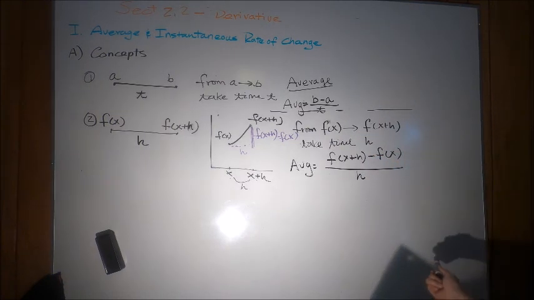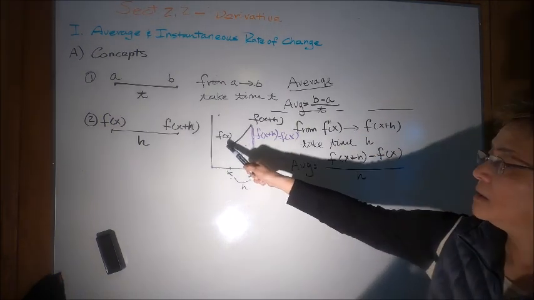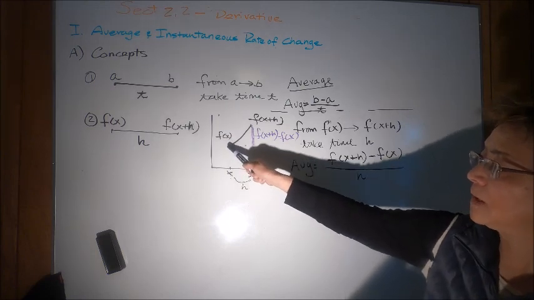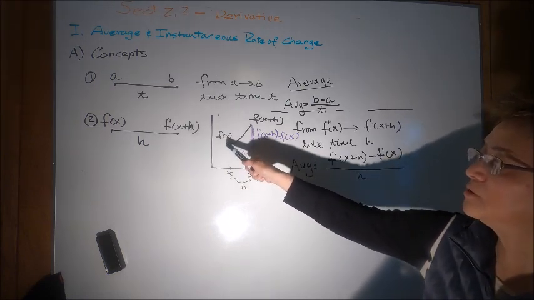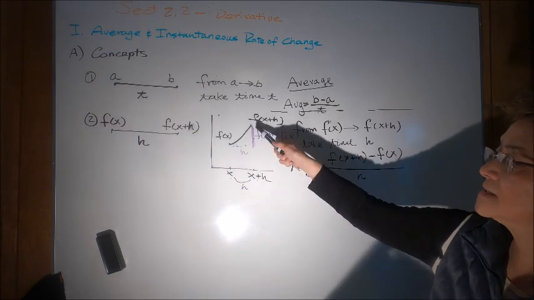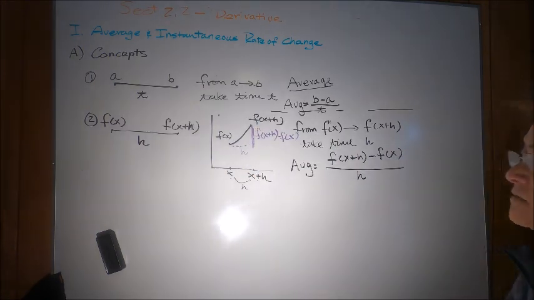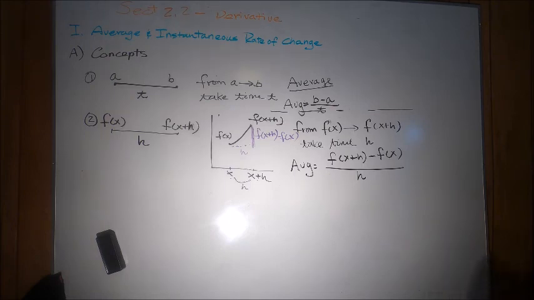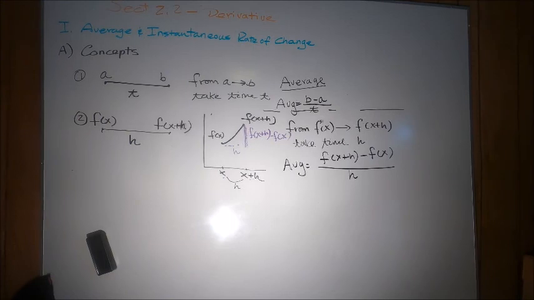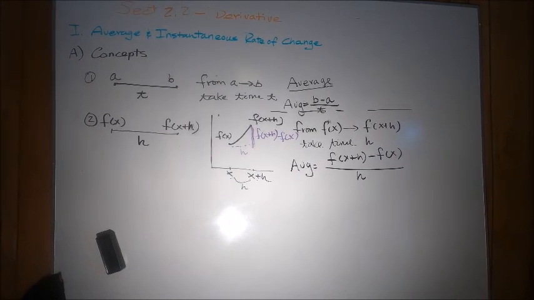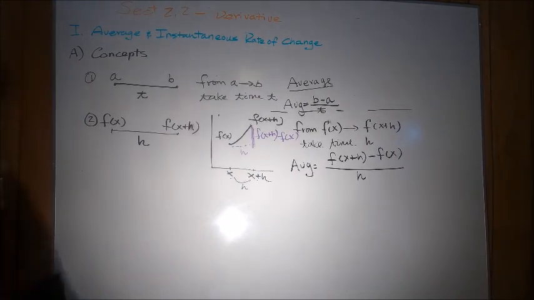From point A to point B. So x is your first point, then f of x is your first location, and you take the second location minus the first location, divided by time. So average is handled this way.